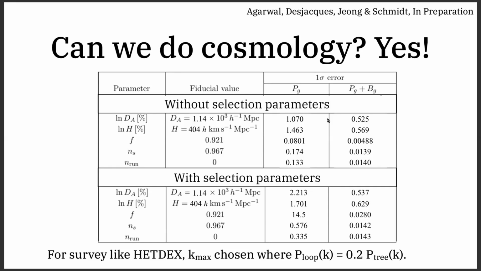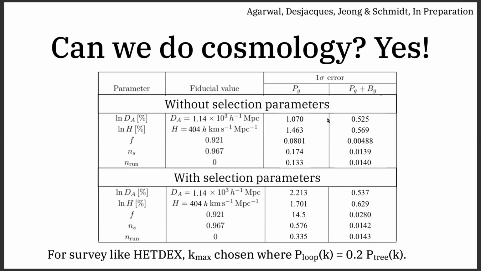So that is the constraint on distance measurement and F and primordial shape measurement after marginalizing 11 parameters and 12 parameters, okay? If you only use power spectrum, for example, you cannot measure F anymore. It's an uncertainty for fiducial value of 1, uncertainty of 14, right? Forget about it.